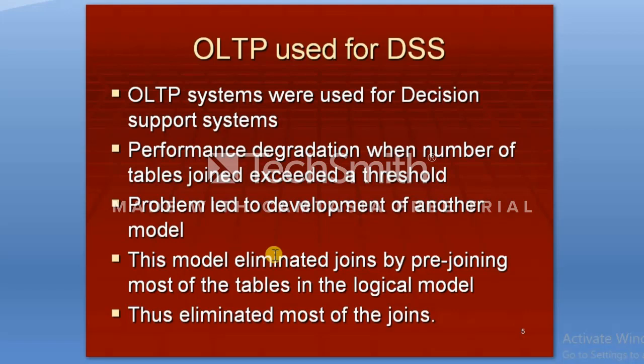That model, which we introduced for decision support systems, is dimensional modeling. In our next slides we will discuss more about ERD systems, and how we move from an ERD or relational model to a dimensional model that supports the decision support system.